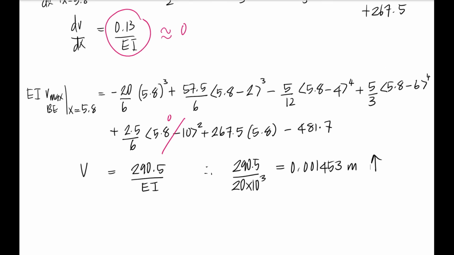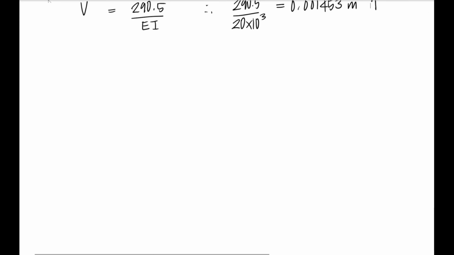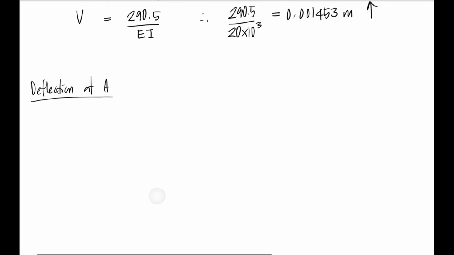Okay, next we find deflection at A. We know that deflection at A is when x equal to 0. So EI V A, x equal to 0. We substitute into the equation.